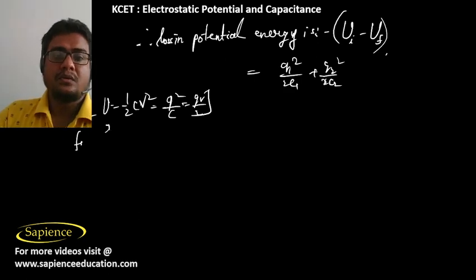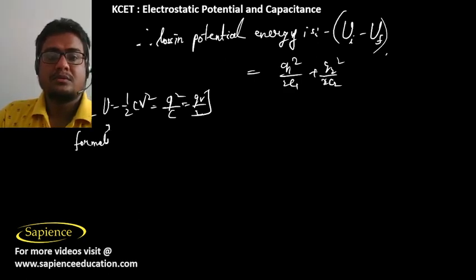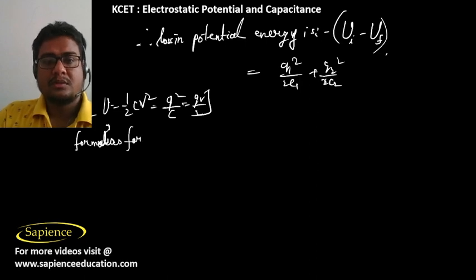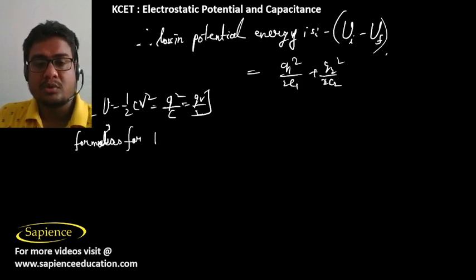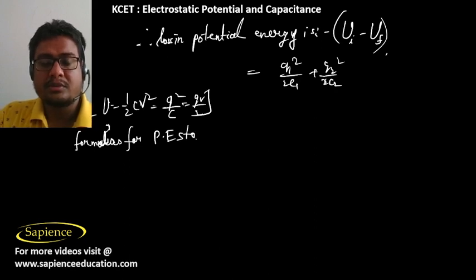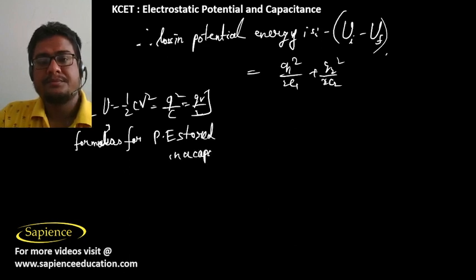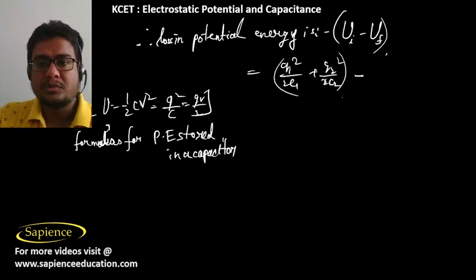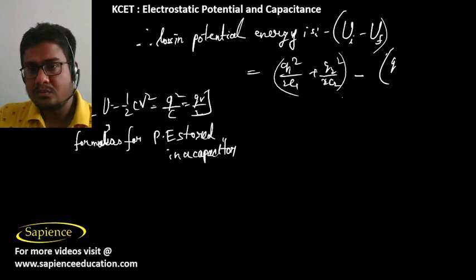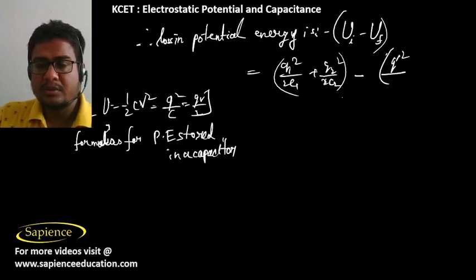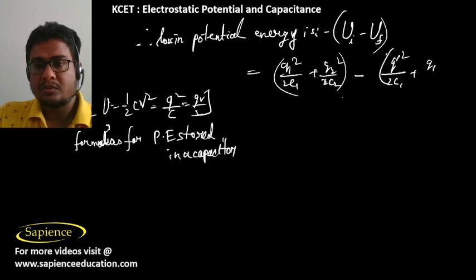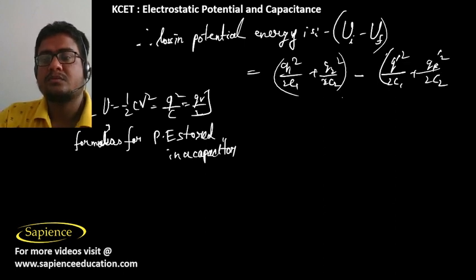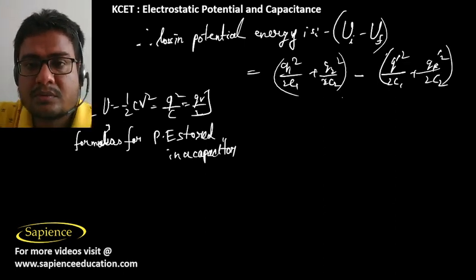This is the electrostatic potential energy stored in a capacitor. So this minus this will be q dash square by c2, c1.